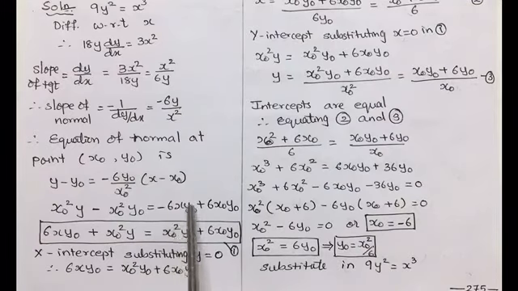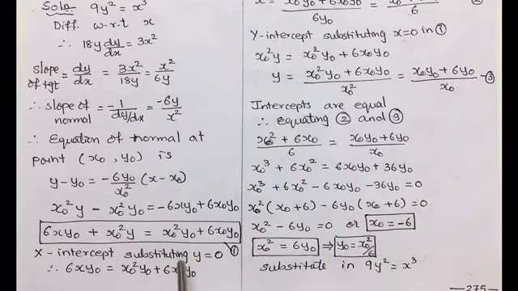Now shifting minus 6x y0 to the other side, we get 6x y0 plus x0 square y is equal to, again shifting x0 square y0 to the other side, x0 square y0 plus 6x0 y0.